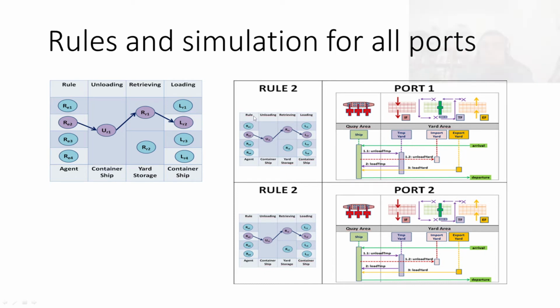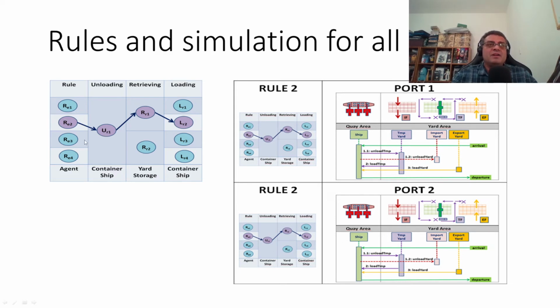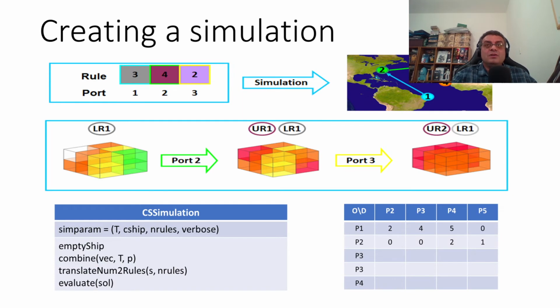To do this, we don't specify in the vector these very complicated words. We just use a number. For example, you use number 2, and we decode this number 2 in terms of rules for the equipment considered for port 1, or we can decode this number also for port 2, okay? So this will be more clear when we implement all this in Python.